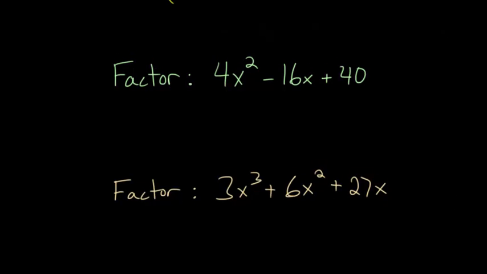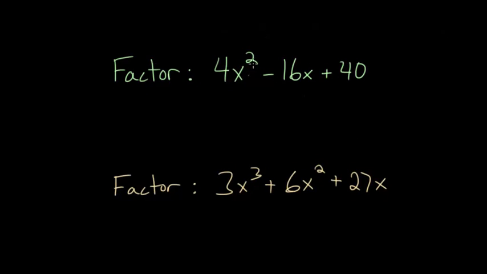So this first one in green, we've got to factor out 4x squared minus 16x plus 40. So we have to find the greatest common factor in this expression. And essentially we're looking for the biggest number that divides evenly into all of these. And what you can see is that each term is a multiple of 4.